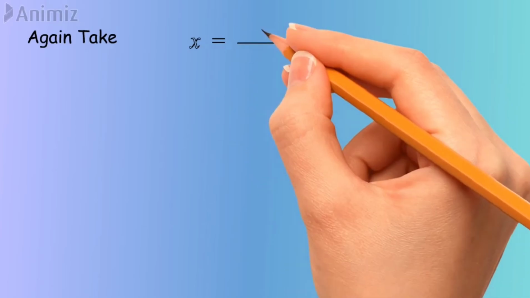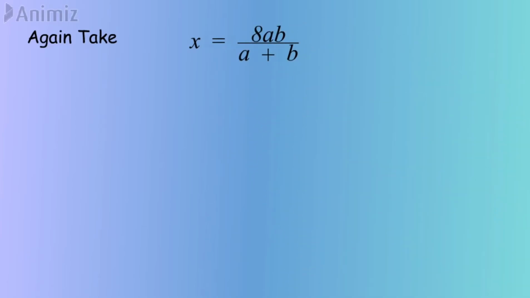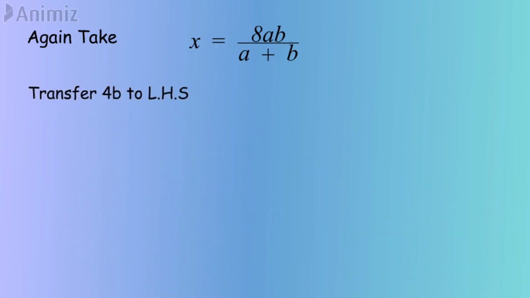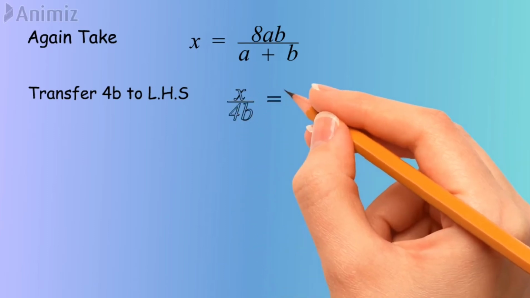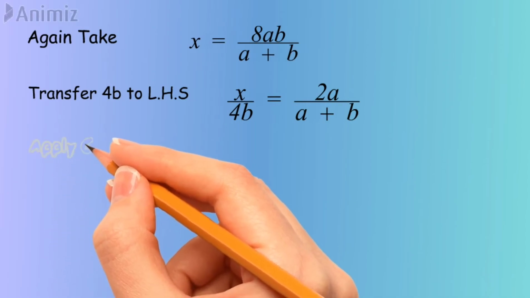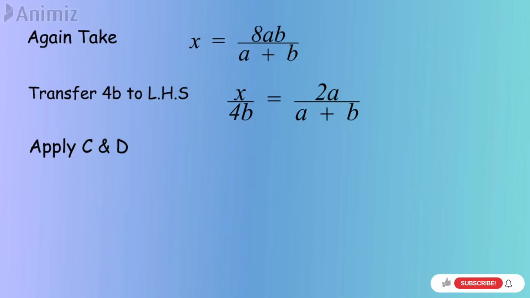Now students, again take the value of x, that is 8ab upon a plus b. This time, according to the required part, you have to transfer 4b to the left hand side. When you transfer 4b to the left hand side, what will you get? Now same way, apply componendo and dividendo on both sides. On applying componendo and dividendo, what will you get, students?